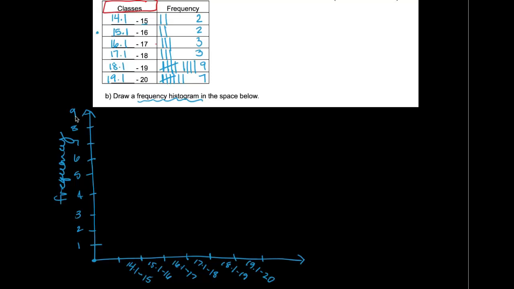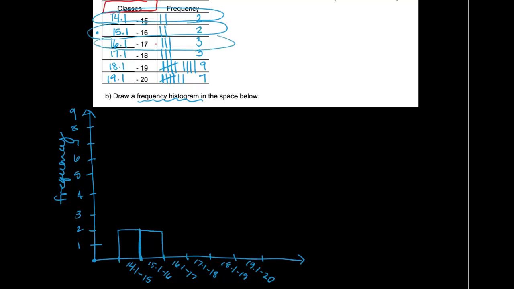And then I'm just going to make bars just like you would for a bar graph, except the bars are going to touch. I'm going to come up here to this first class. The frequency was 2, so I'm going to make a bar that goes all the way up to 2. Then my second class, the frequency was also 2, so I make a bar that goes to 2, touching the previous class.